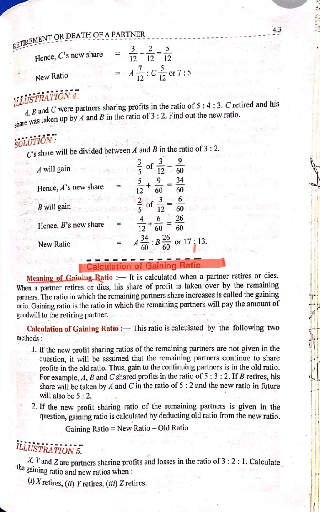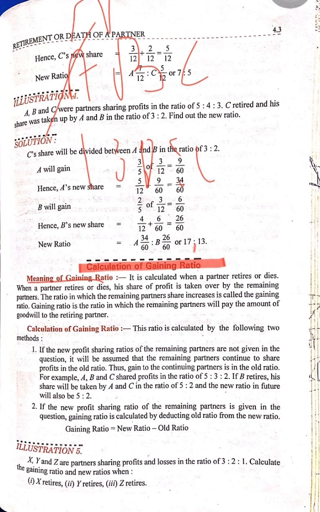If there are three partners A, B and C, sharing profit 1:1, it means when any partner retires, say A, his share will be transferred to B and C. It means the old share of B and C will be increased.